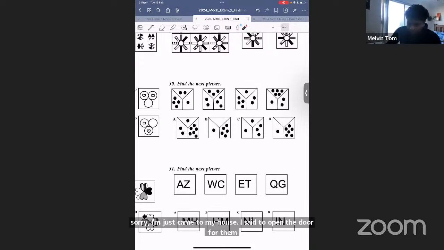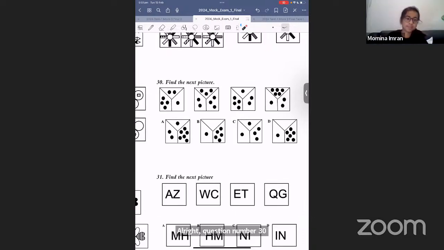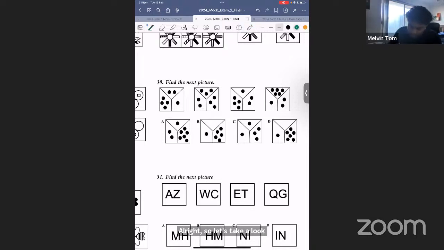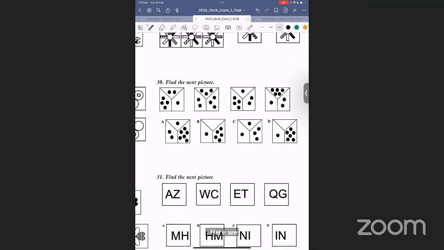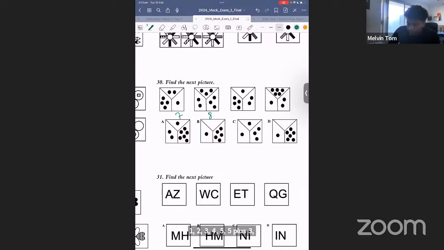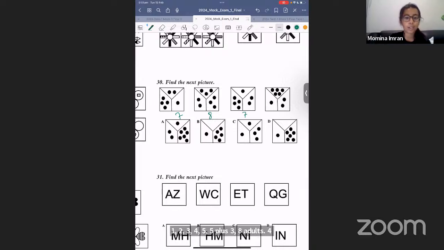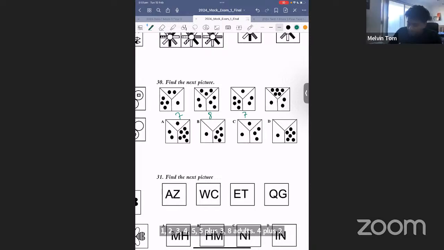All right, question number 30. Let's take a look. Here we can see 1, 2, 3, 4, 5, 6, 7 dots. Then 1, 2, 3, 4, 5, plus 3, 8 dots. That's the pattern we got. And then for the next one, 1, 2, 3, 4, 5, 6, 7, 8. So 7, 8, 7, 8.